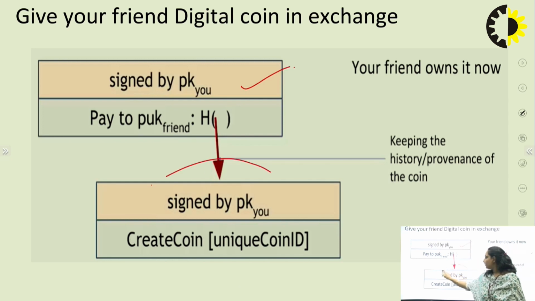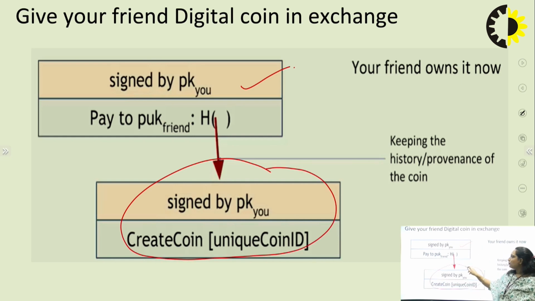This is my private key, and this is the creation of it. It will create a hash value, which is signed by my private key, generating a coin, for example, coin 1. It is used to pay to the public key of the friend.